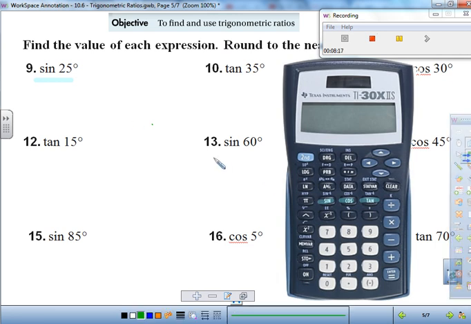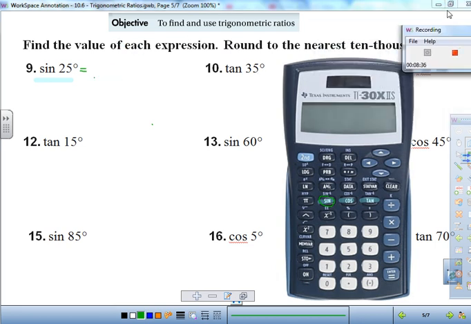So the first one, we're going to try it. We're going to grab our calculator and type this sine button right here, sine, and then we just type in 25, sine of 25, and we hit enter. And when we check our calculator, we get a decimal, and it says to round to the nearest 10,000th.